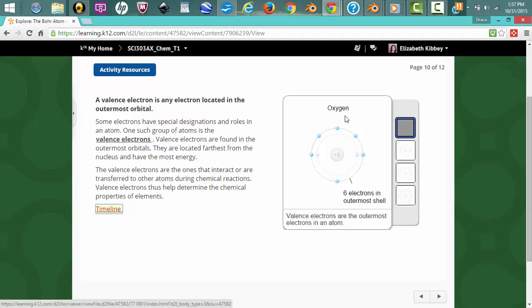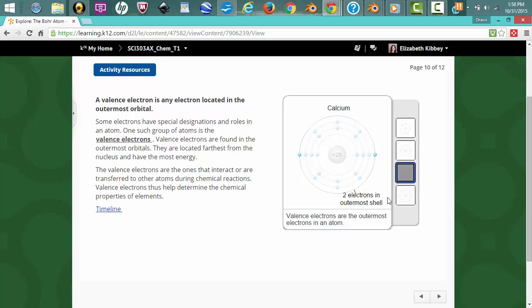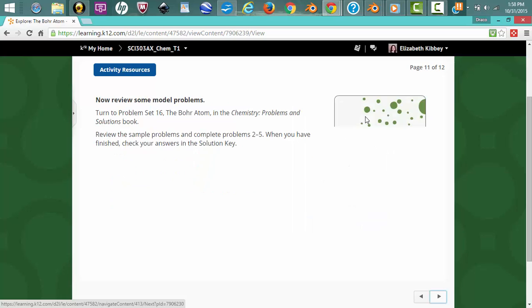Looking at this, we see that there are 2 orbitals for oxygen: this one, which is closest to the nucleus, and then this one. This has valence electrons in it because this is the outermost orbital. For aluminum, this would be the outermost. Same with calcium, and same with krypton.